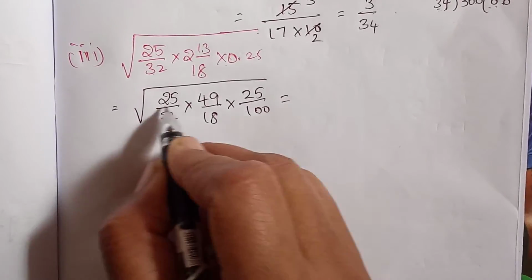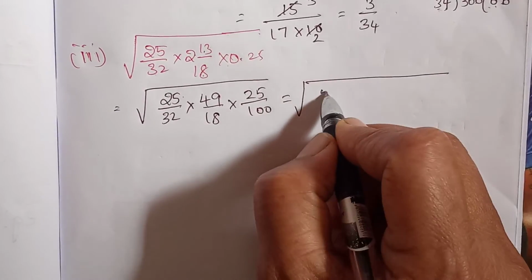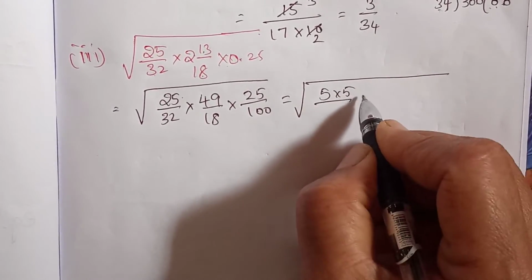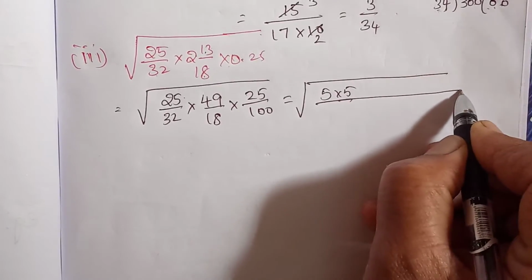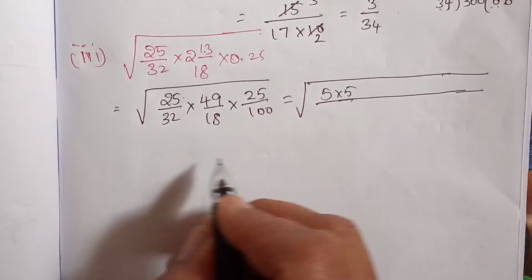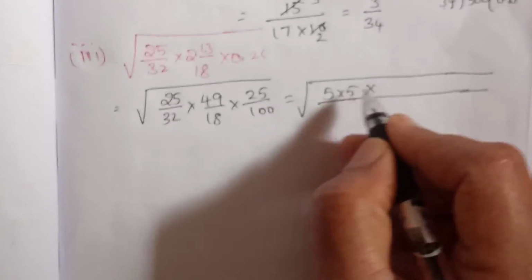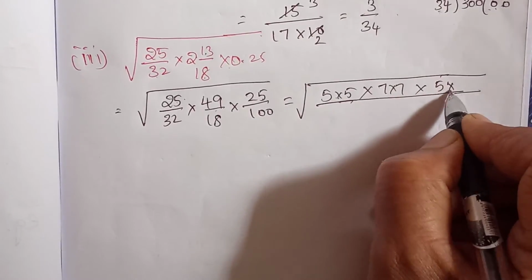Now we will convert them into prime factors. 25 is 5 into 5, and here I am going to write it in one fraction. 25, 5 into 5, 49, 7 into 7, 25, 5 into 5.